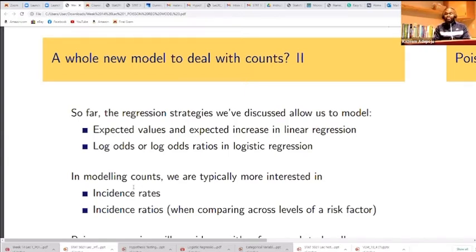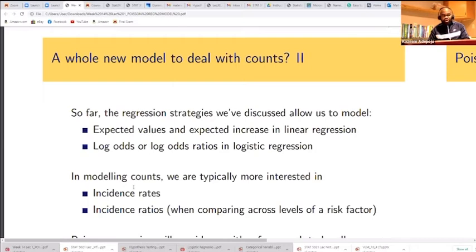If you are interested in incidence rate of certain characteristics of interest, I will advise that you look beyond linear regression and logistic regression, and focus on the Poisson regression.